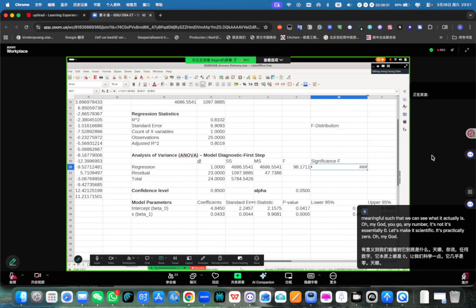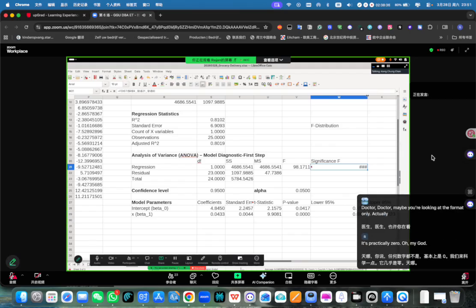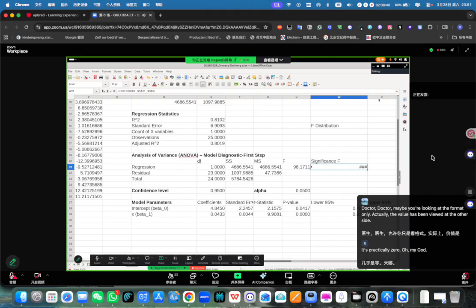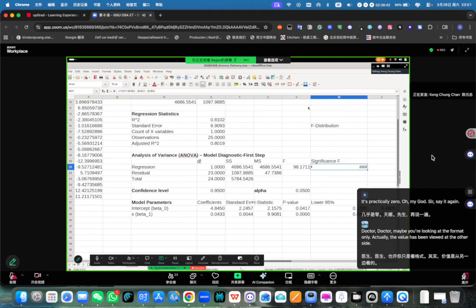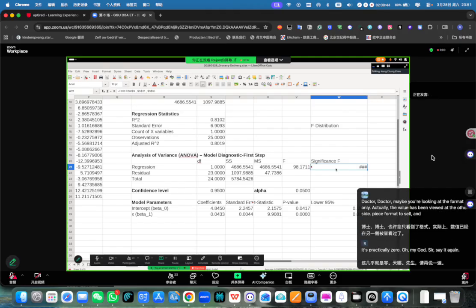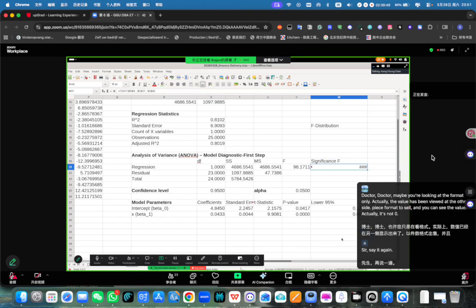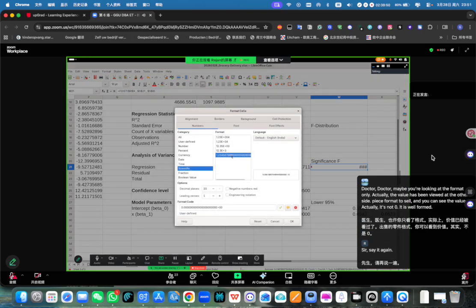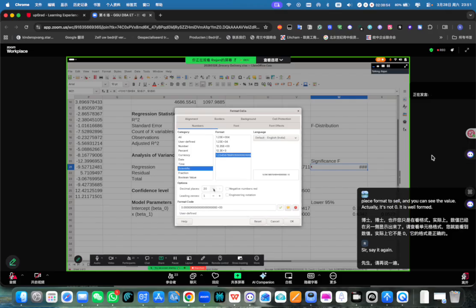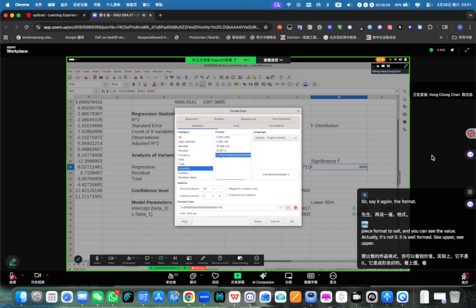Doctor, maybe you're looking at the format only. Actually, the value has been revealed on the other side. Please format the cell and you can see the value. Actually, it's not zero. It is well formatted. Not the format code.